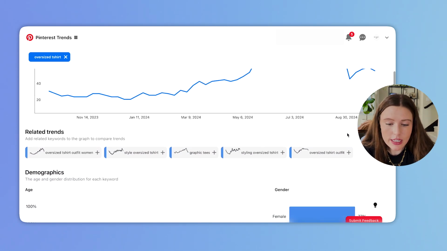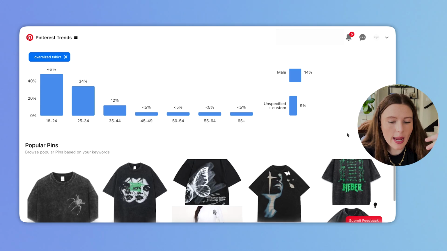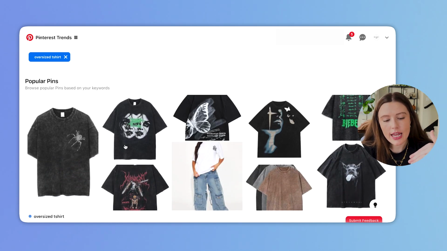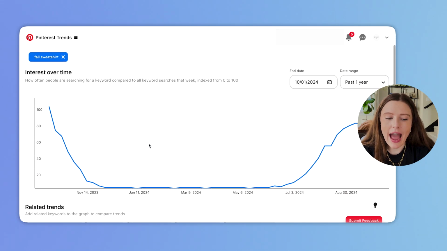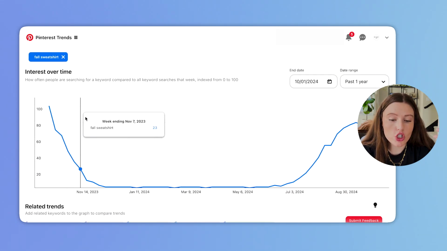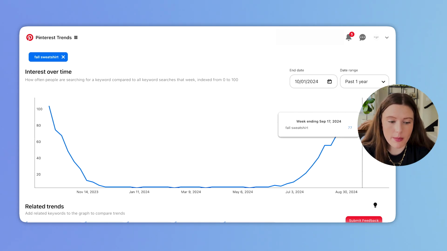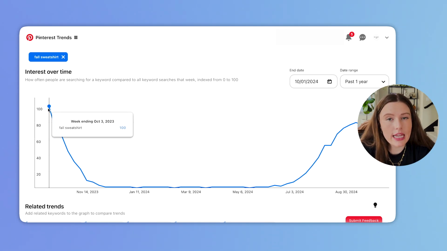But very similarly, it will show you which types of t-shirts are included in this type of category, so you can get a perspective on what is popular across the platform. So this is something that I like to look at for fall sweatshirts, for example, to see how this trend should continue over the upcoming months. And this is one where we can see last year, search volume peaked in October.